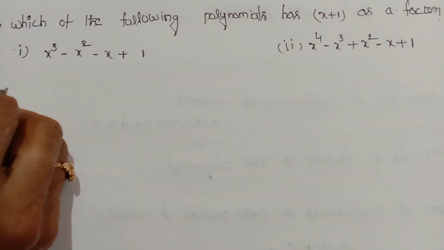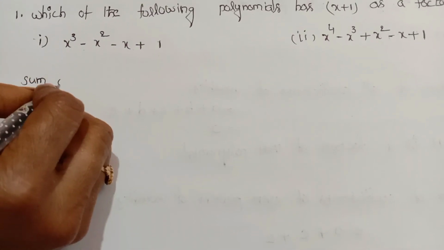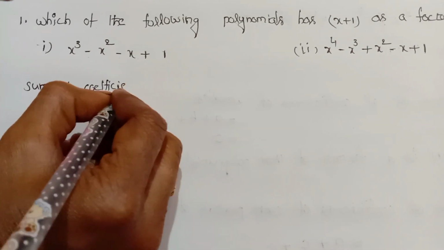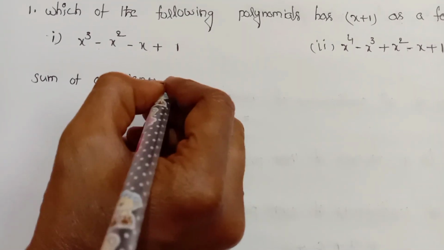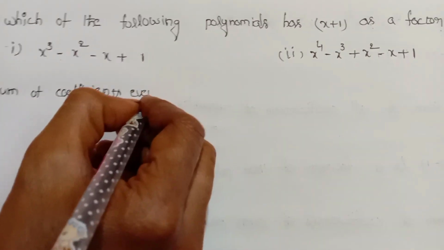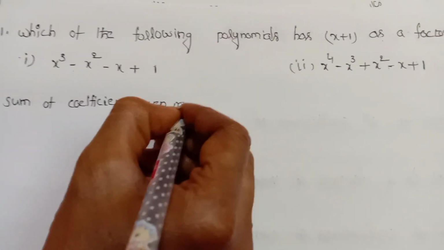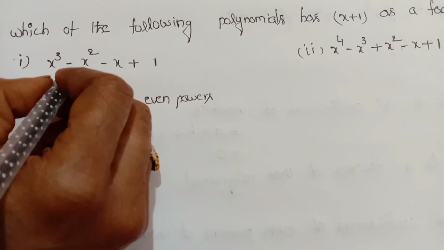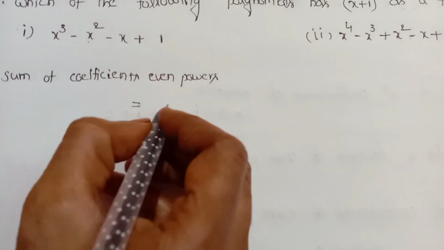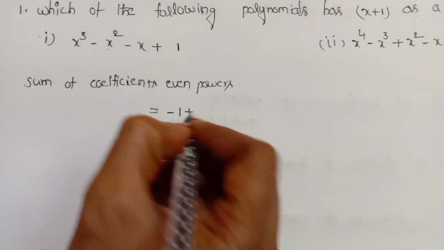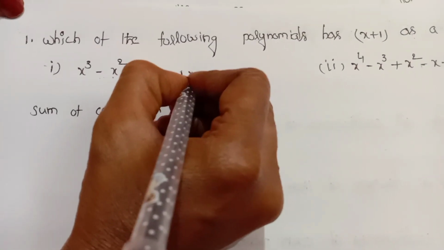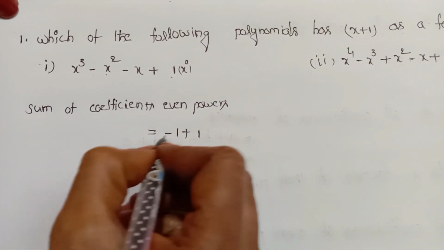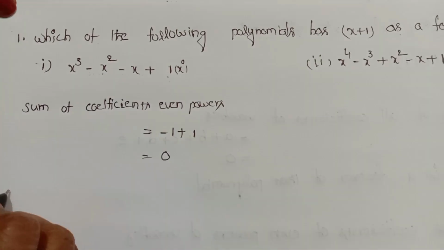Using the hint, the sum of coefficients of even powers: minus 1 plus 1, plus 1 meaning x to the power of 0, that is equal to 0.